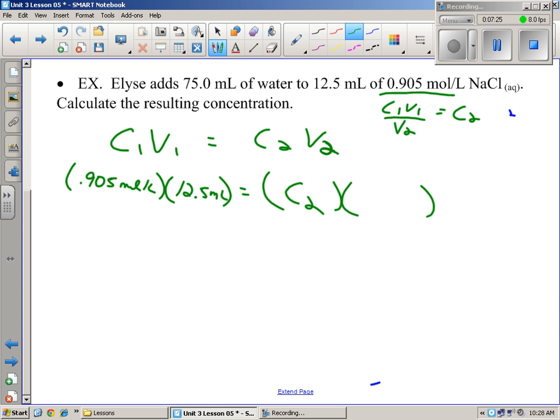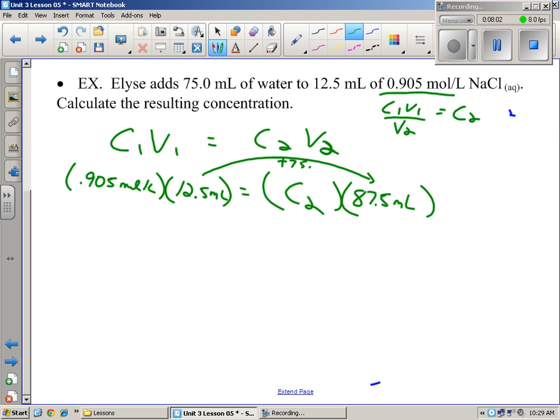Okay, listen. This formula only does beginning concentration, beginning volume, and final concentration, final volume. So if she's got 12.5 already and she adds 75, we need to put into here 87.5. 12.5 plus the 75, 87.5. That has to be the final volume. That's important for these questions.